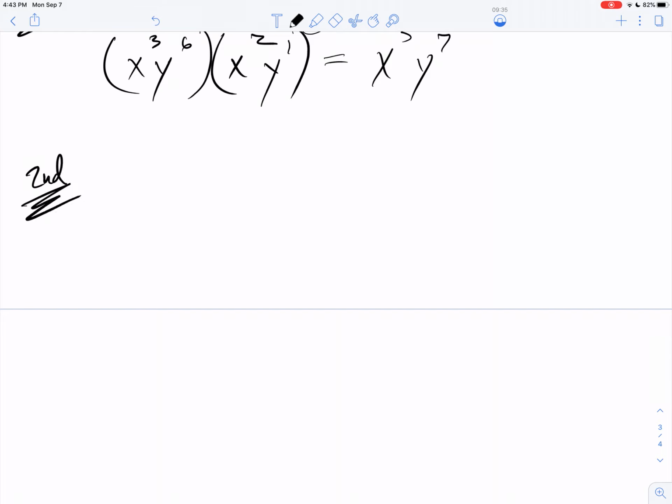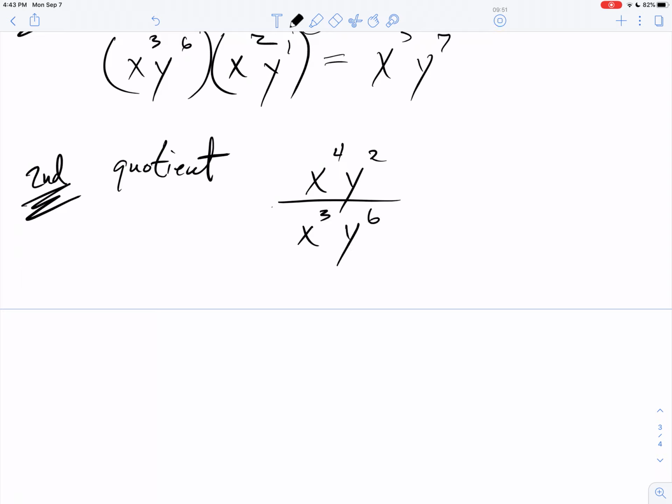What about this one? If I did the quotient rule. The quotient rule is when I have stuff like this. Let's say x to the 4th y squared over x cubed y to the 6th. The quotient rule is when we subtract exponents.